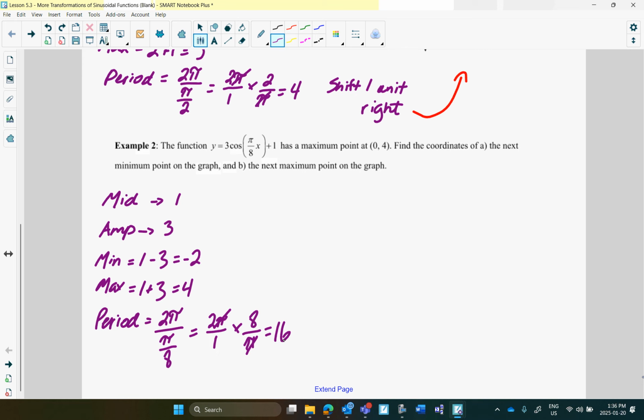So just sketch that quickly. There's no horizontal shift, there's no flip going on, so I don't need to worry about that. So I've got my midline at 1 here. I've got my min at -2.